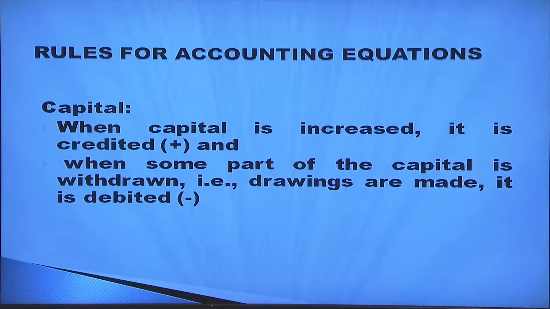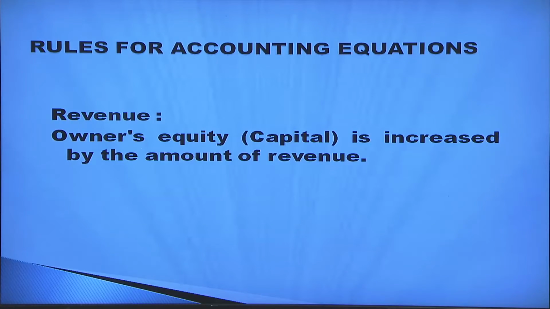In the accounting equation, what can be the rules? When capital is increased, it is added, and when some part of the capital is withdrawn in the form of drawings, it is deducted in the capital column. Income or revenue. Owner's equity is increased by the amount of revenue. Expenses.